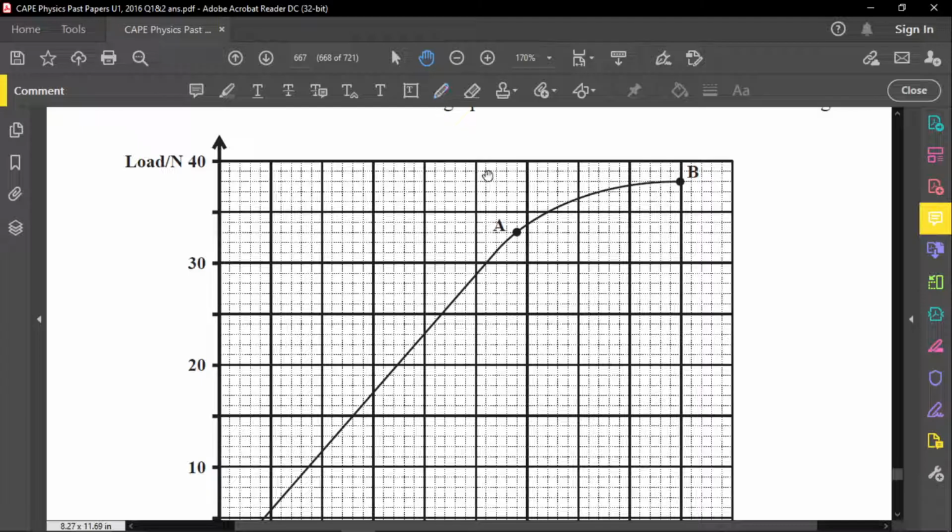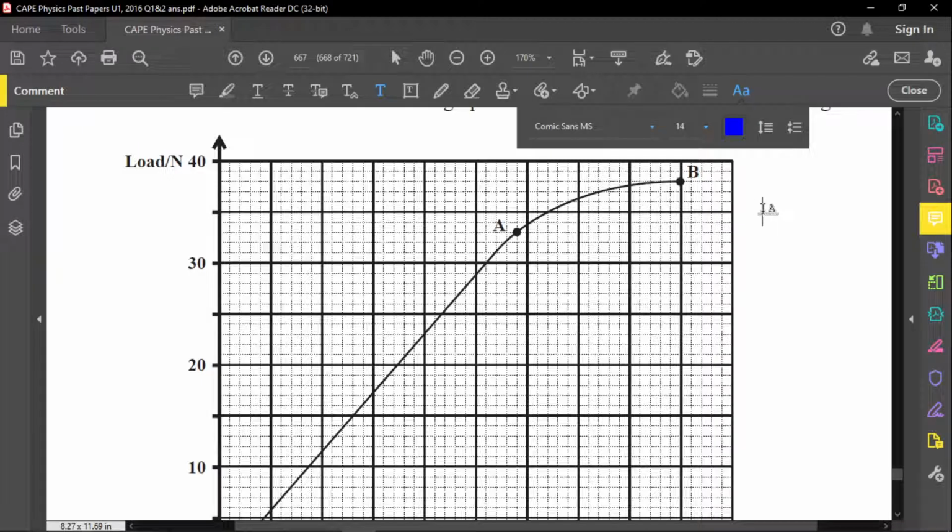So how are we going to find work? Because now you have a spring, and I want to find work. But you must know that work, I'm putting it on the side right here, is equal to force times distance. Do we have a force?